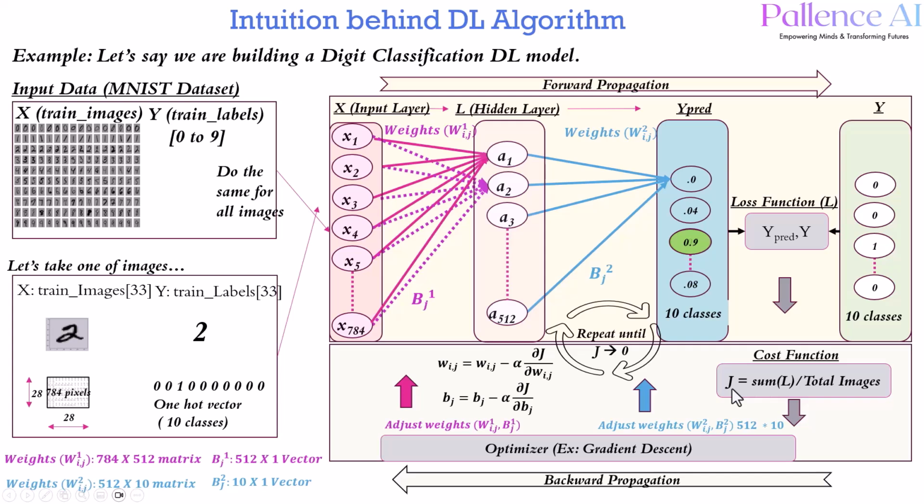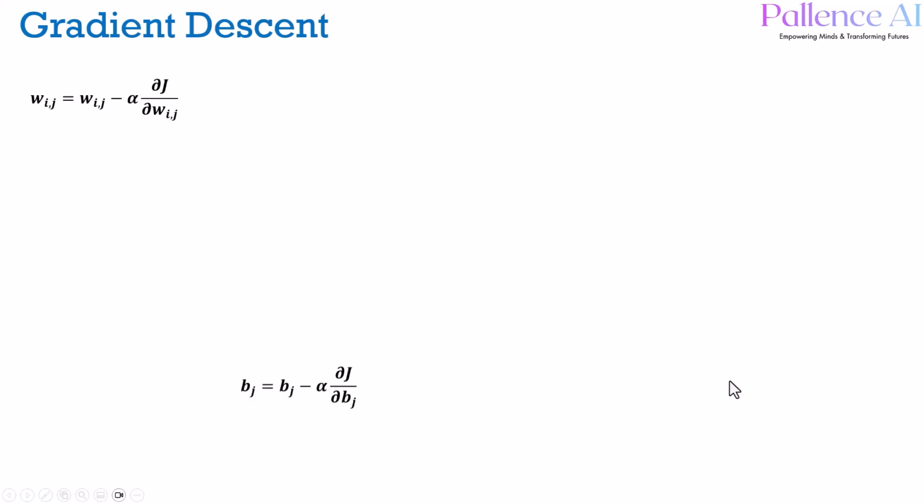Then for this cost function J, we take the partial derivative of J with respect to each parameter, each weight. Remember, for the simple two-layer neural network we discussed in one of the previous videos, the total number of weights was about 400,000.